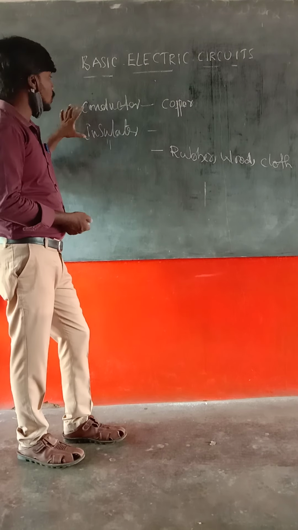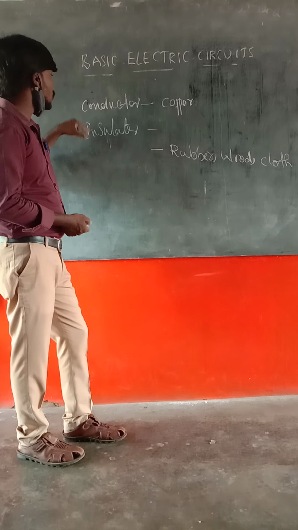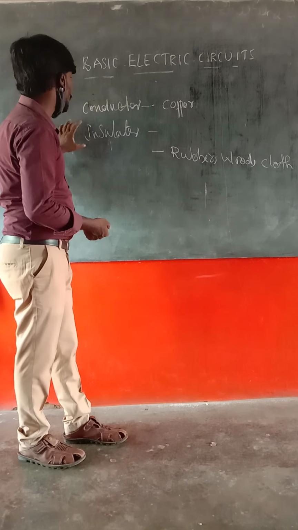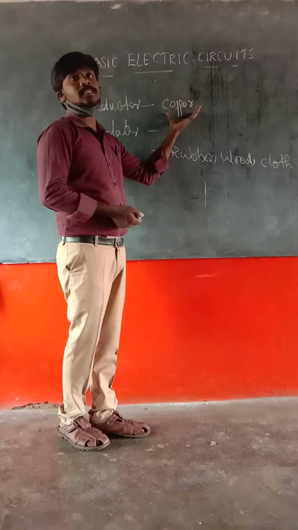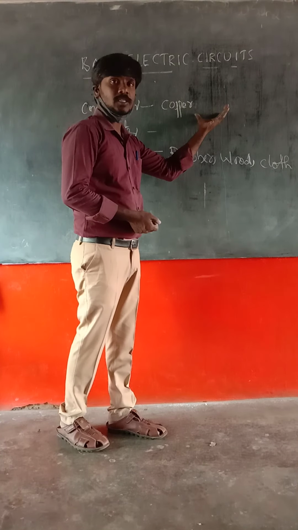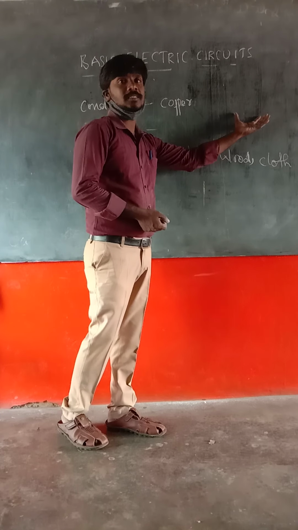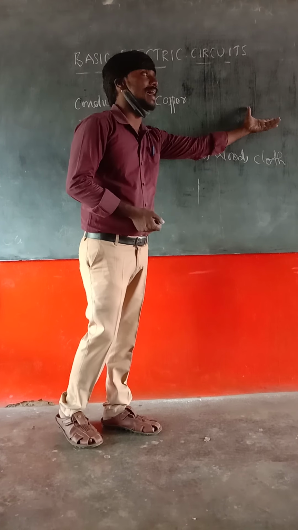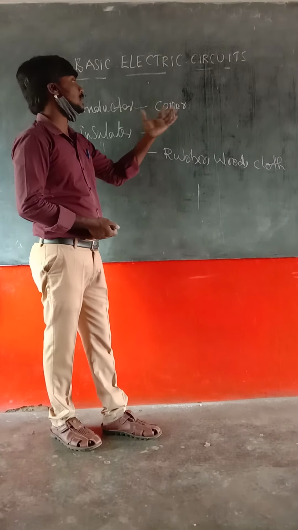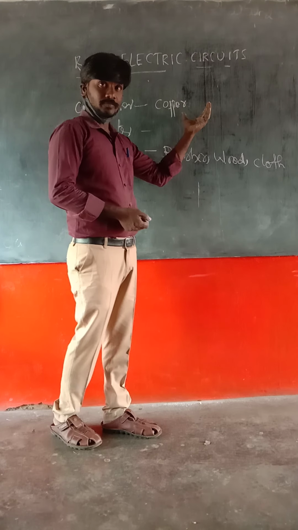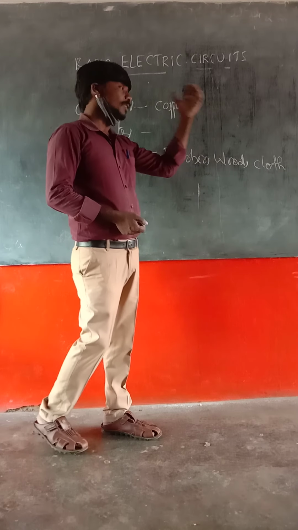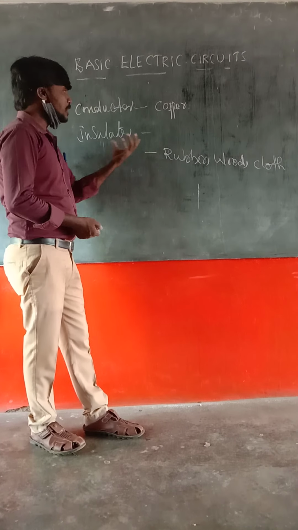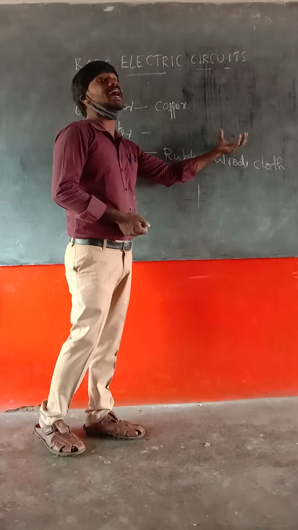Already I told, and once again I repeat the question: what is a conductor and what is an insulator? A conductor is a material which allows electrons or electricity to flow. Examples are copper, iron, any metal. An insulator is a material which cannot flow.